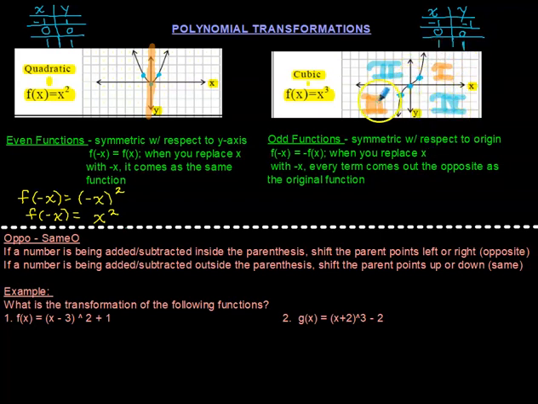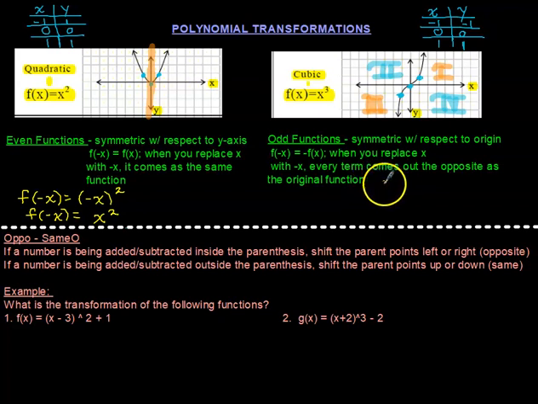So one side looks directly like the other diagonally. Now, algebraically, you're still going to replace the x with negative x. The only difference is if it's an odd function, every single term is going to come out the opposite operation. So if it was positive originally, it's going to be negative.